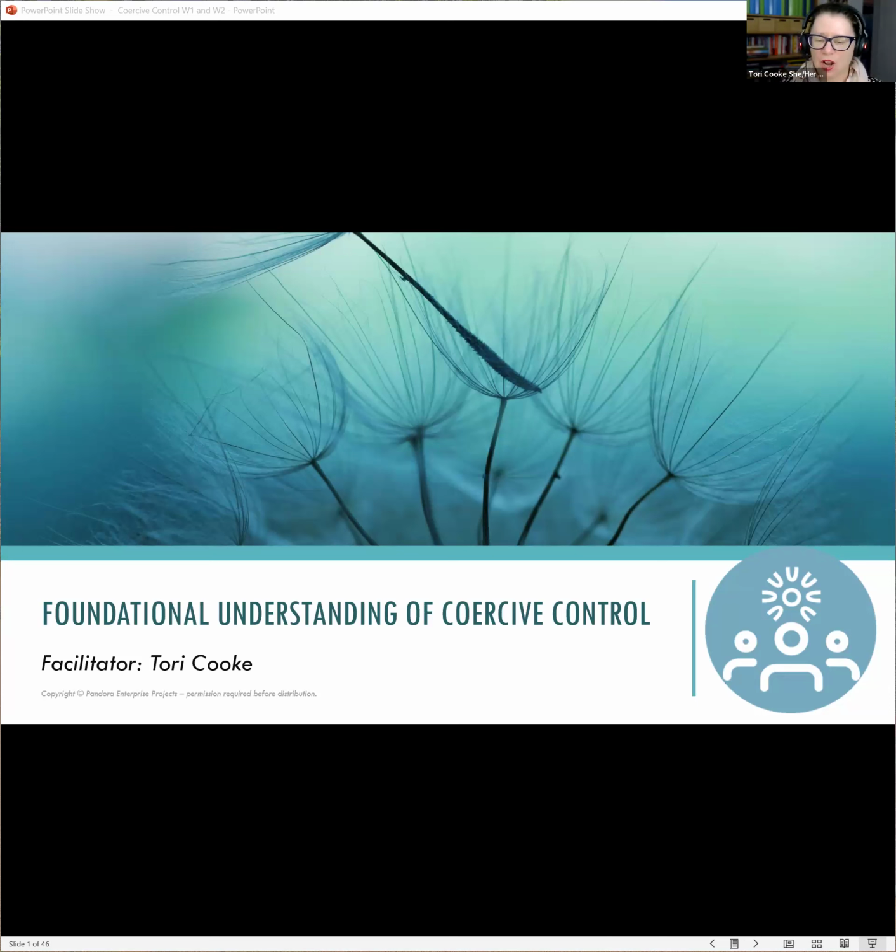These elements include isolation, the monopolization of perception, and the distortion of reality, induced debility, this sense of not being able to be autonomous in the world, threats, occasional indulgences or occasional kindness, and the demonstration of omnipotence, this ultimate and superior power over someone else.